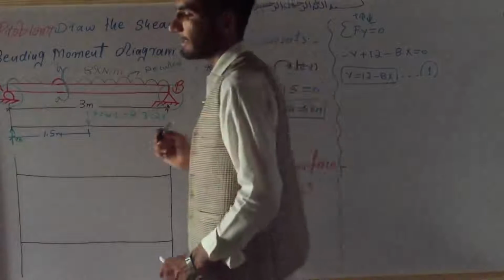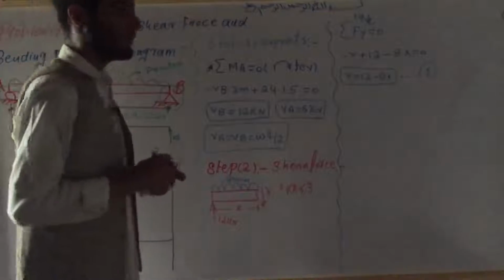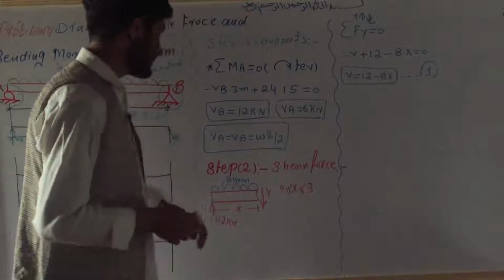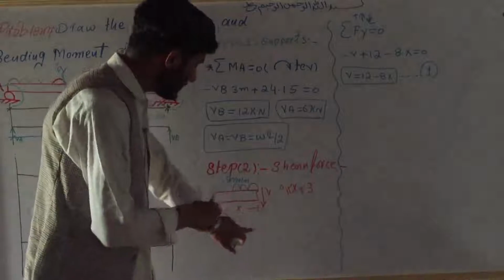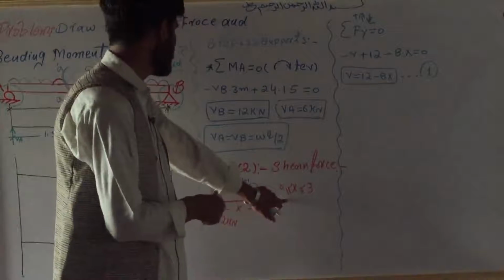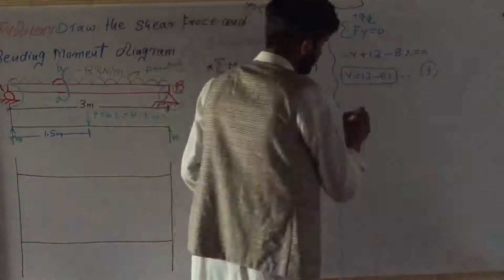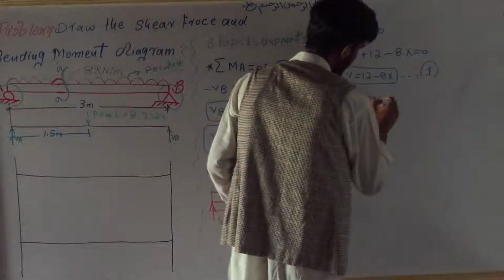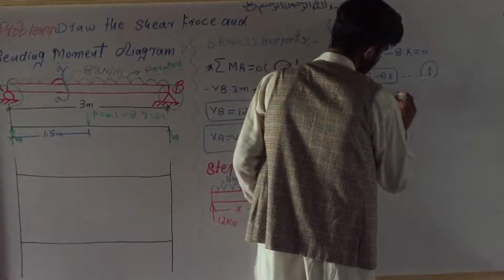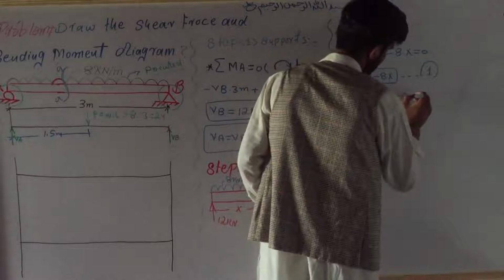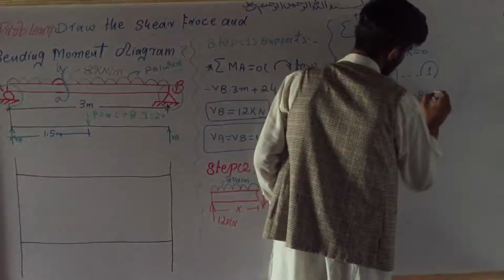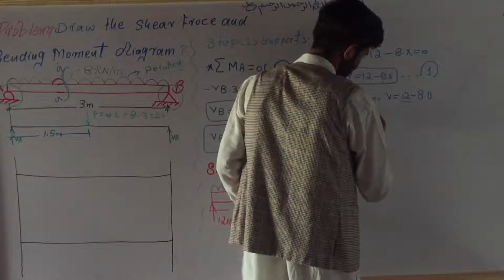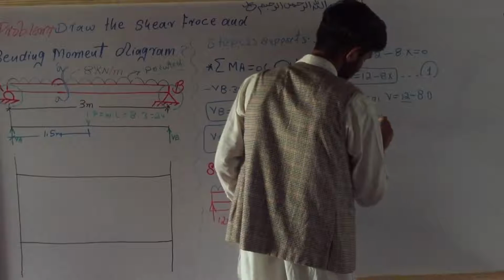One equation. So how can we find values for the diagram from this equation? It's easy. X can take these two values in this interval. If X equals 0, the shear force is 12 minus 8 times 0, so the shear force is just 12 kilonewton.